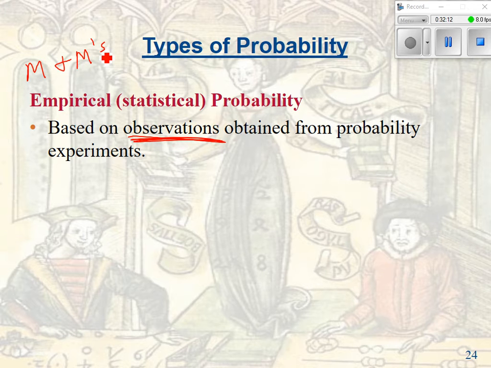Now notice this is off of experiments. It's when we actually do something to try to get these outcomes to happen. A lot of stuff like insurance is based off of probabilities, but they don't do experiments so much to get it.